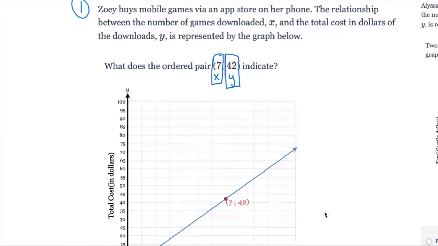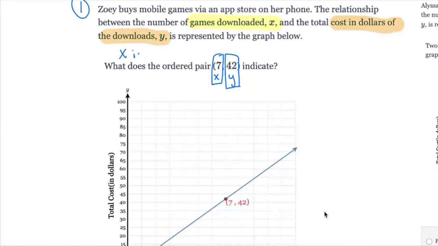So if we look here, I'm reading on top, the relationship between the number of games downloaded, X, and the total cost in dollars of the downloads, Y. So I know X is, let's go ahead and write this down.